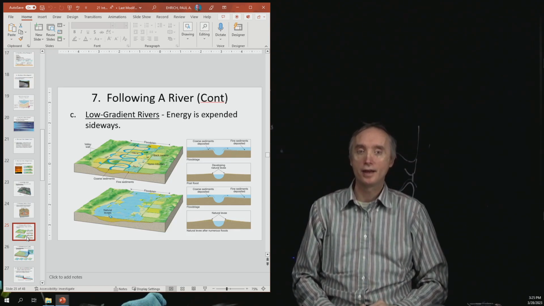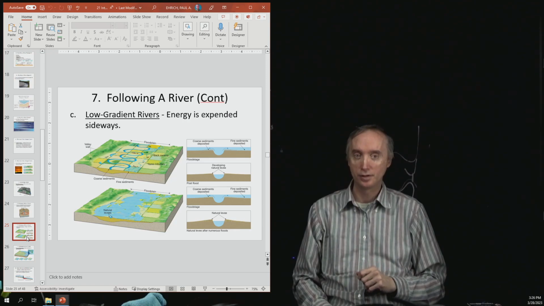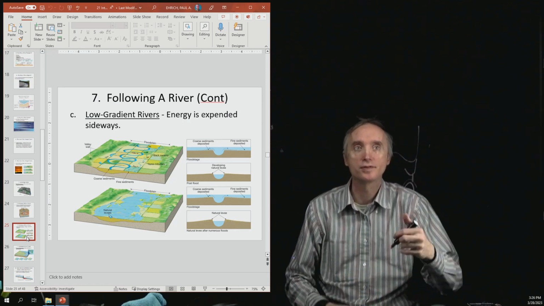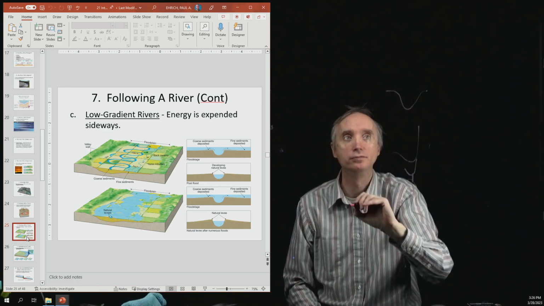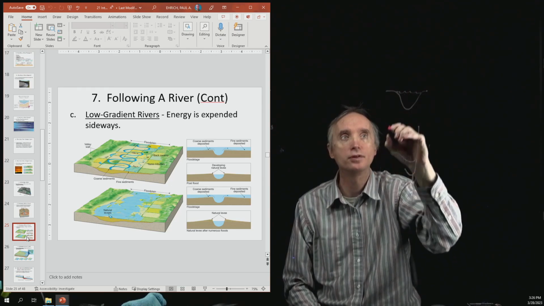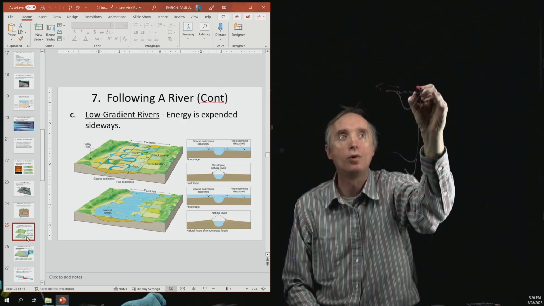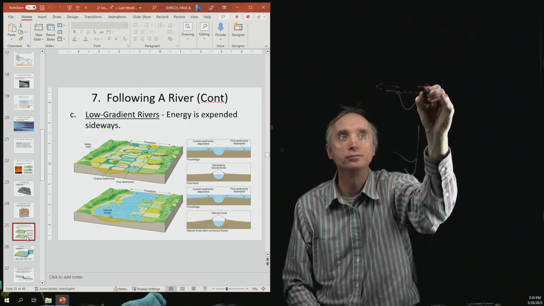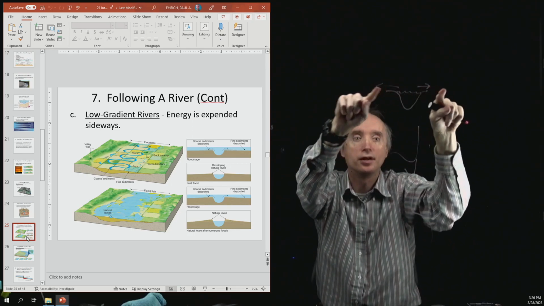One thing that the river will do naturally is build up a levee, so that if we look from the sideways view, here is the river channel, and then during flood stage, the water gets up to here and it overflows its banks. So the water is going to slow down when it goes into this shallow area right here.